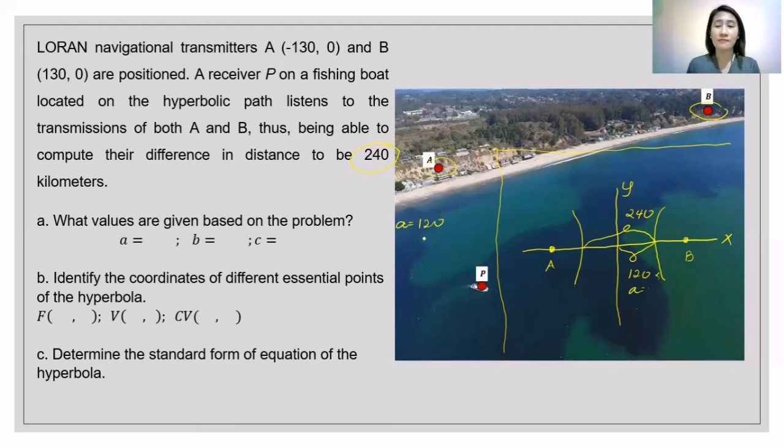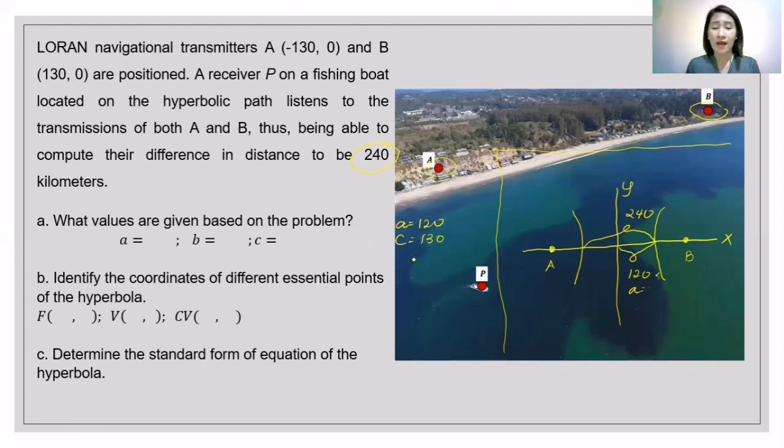Now, what else are we given? The foci A and B lie on positive and negative 130. So we know that the foci comprise the letter c. Therefore, c is equal to 130. So we already know the values of a and c.